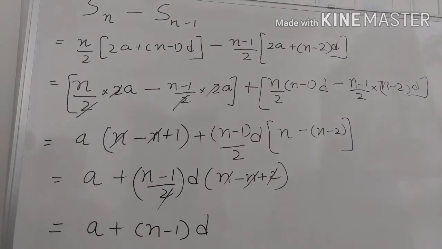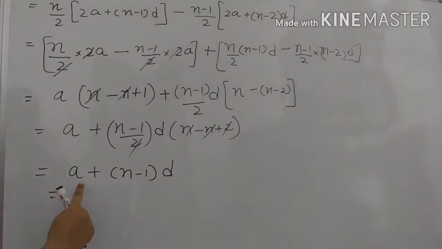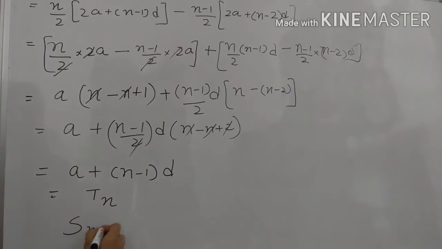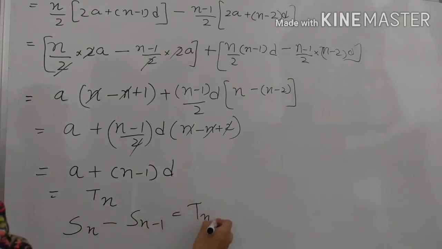And this a plus (n minus 1) into d is nothing but our Tn formula. So we have completed one more formula, students, that is Sn minus S(n minus 1) is equal to term n.